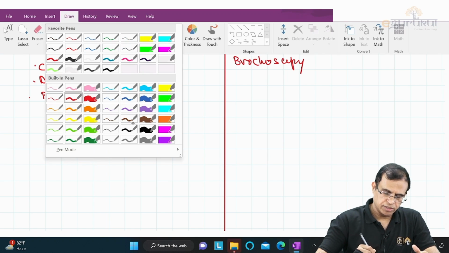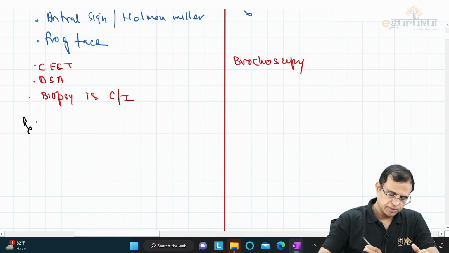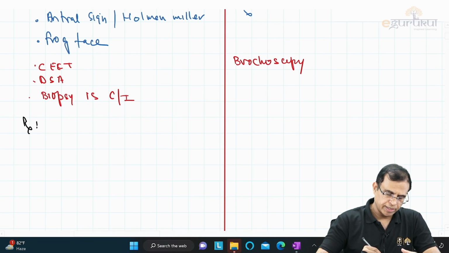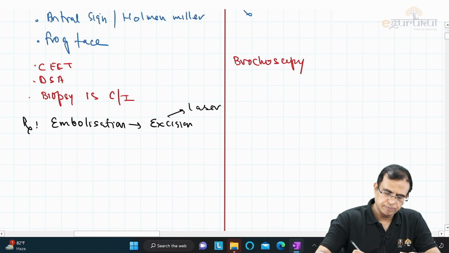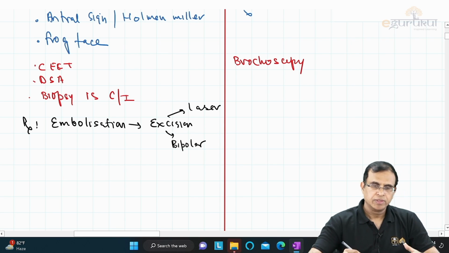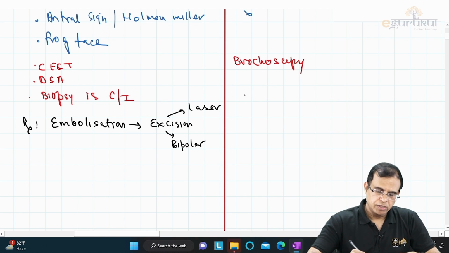And the last is treatment. For angiofibroma, embolization followed by surgical excision, and for excision, either laser or bipolar is used. But in laryngeal papilloma, you have to do microdebridement.